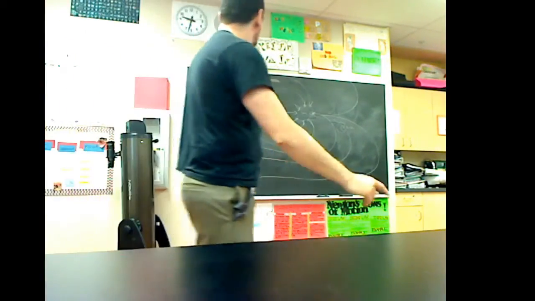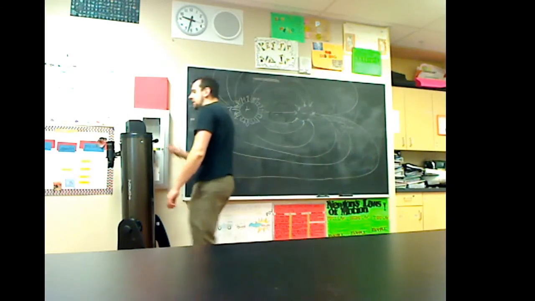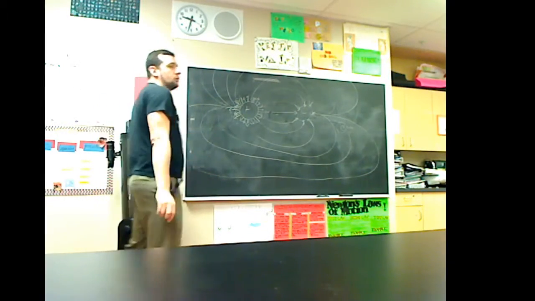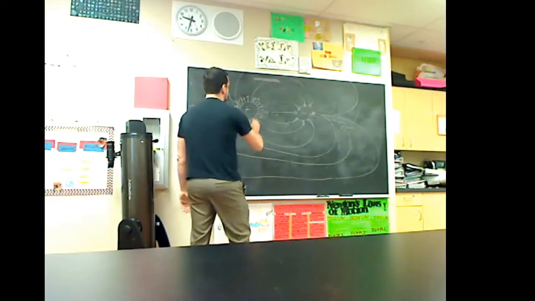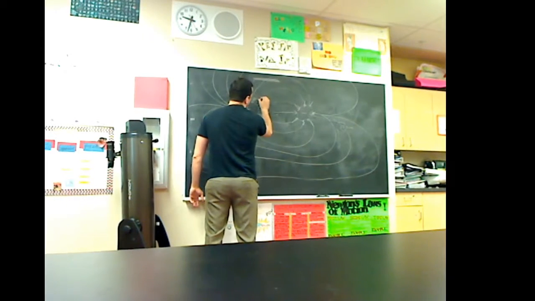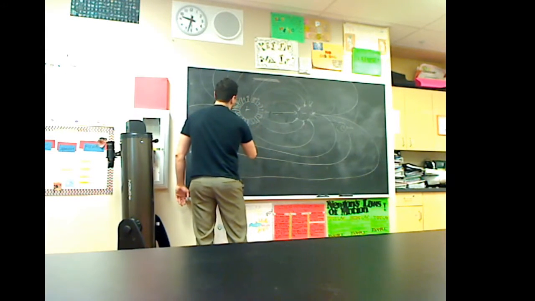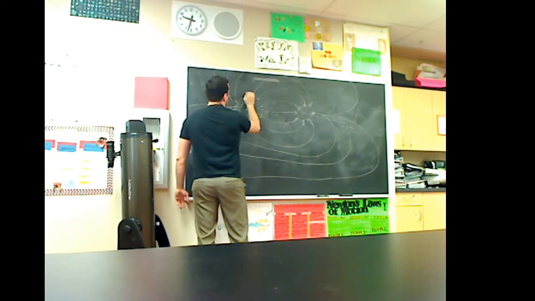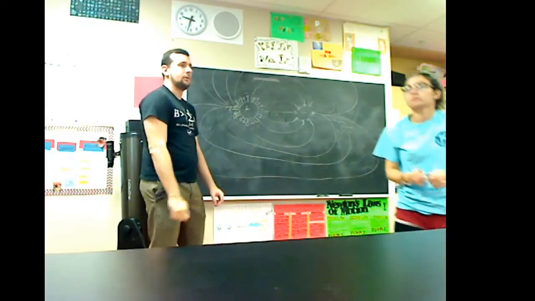Does that make sense? Circular shape. And if you were to draw the equipotential lines here, they would always have to make 90-degree angles with each one of those surfaces. And they do. Every single line has to make a 90-degree angle with that equipotential line, right?